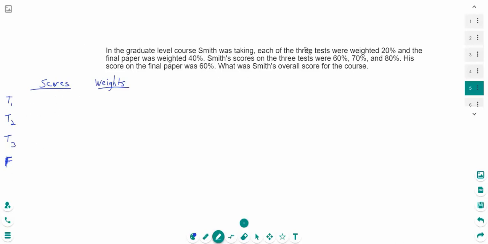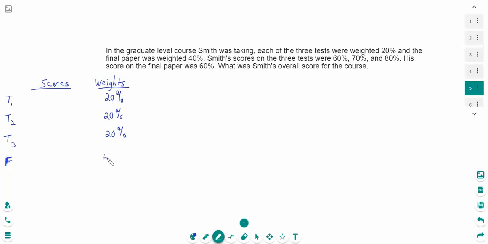Now, each of the 3 tests were weighted 20%. So the weights of test 1, 2, and 3 were 20% each. Test 1 has a weight of 20%, test 2 has a weight of 20%, test 3 also has a weight of 20%. And then the final paper was weighted 40%.